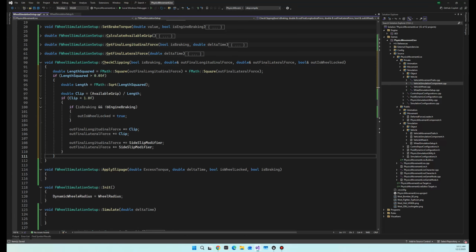We'll be getting some calculations based on the final longitudinal force plus the final lateral force, and that's going to give us the length squared.